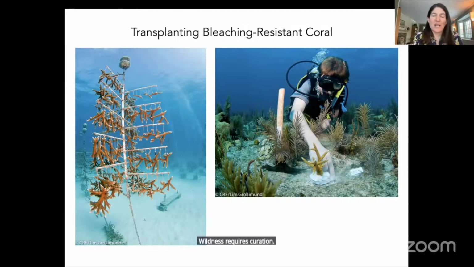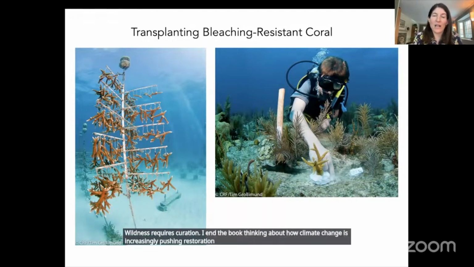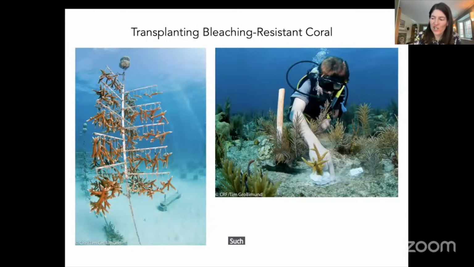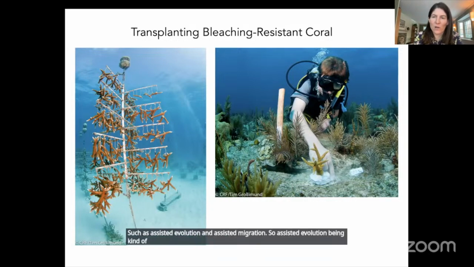I end the book thinking about how climate change is increasingly pushing restorationists toward more interventionist management, such as assisted evolution and assisted migration. Assisted evolution being looking for or even genetically modifying organisms that are able to better withstand changed conditions, in this case more acidic water, in the case of looking for bleaching resistant coral.